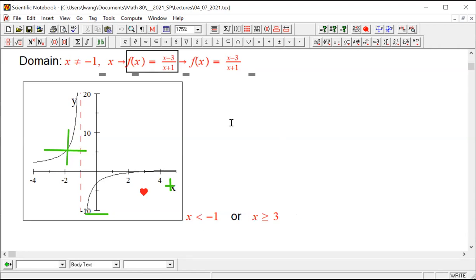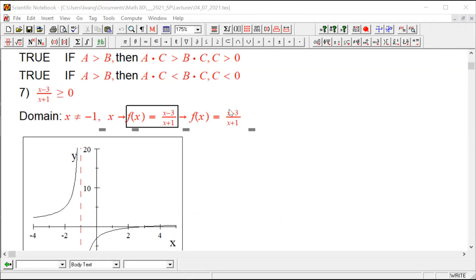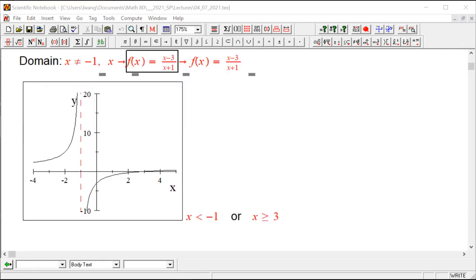If you can get a decent graph, you can identify those points of interest and where it changes sign, and you can still figure this out. So that's a graphical method, in comparison with the quadratic ideas, above 0 or below 0. And the case method, I'm not going to talk about it right now.